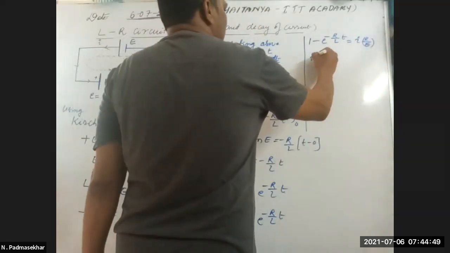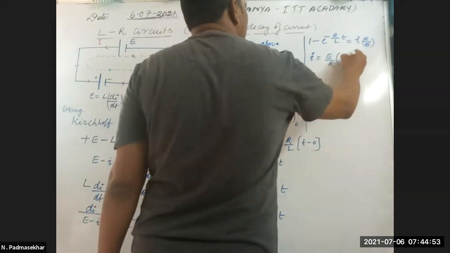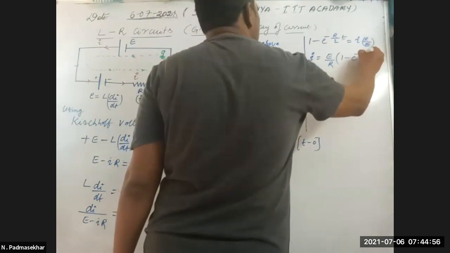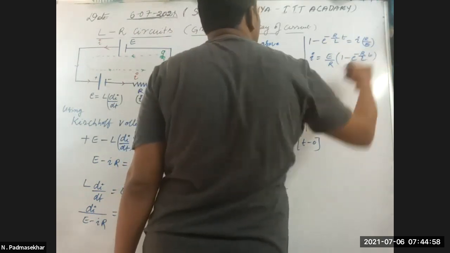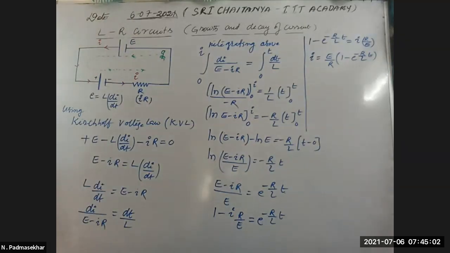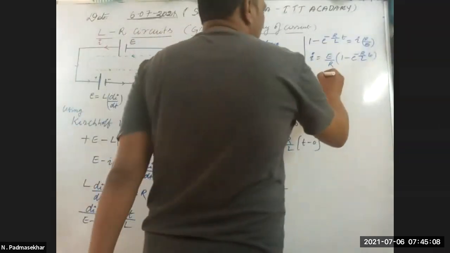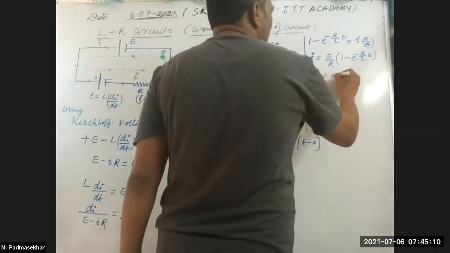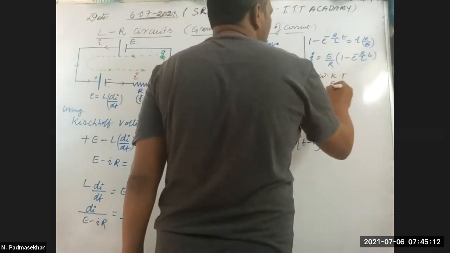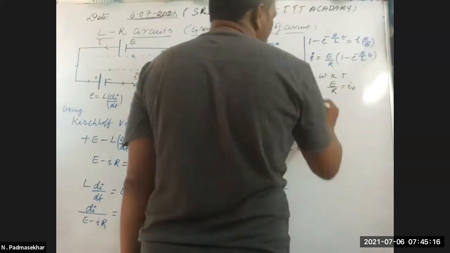So this I is equal to E by R into 1 minus e to the power of −R/L into t. We already know that E by R is equal to the maximum current. So here E by R is equal to I naught.